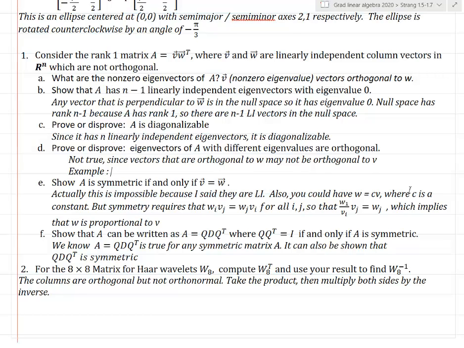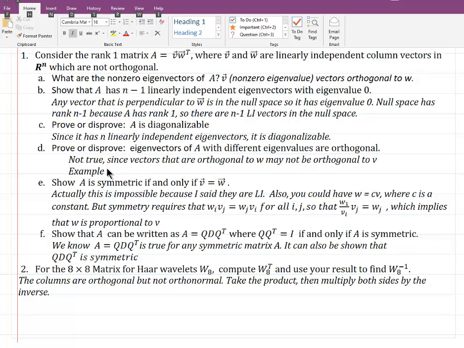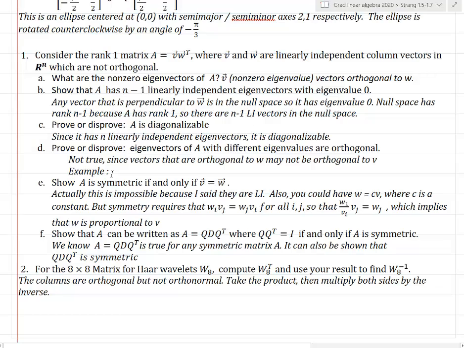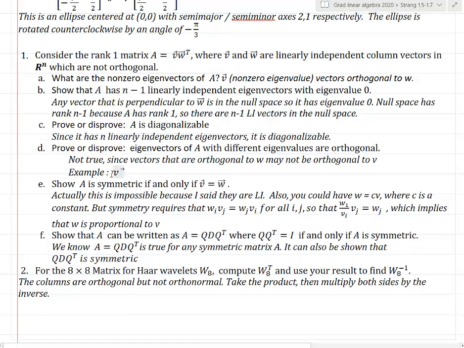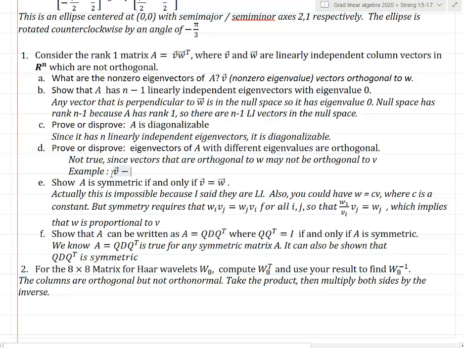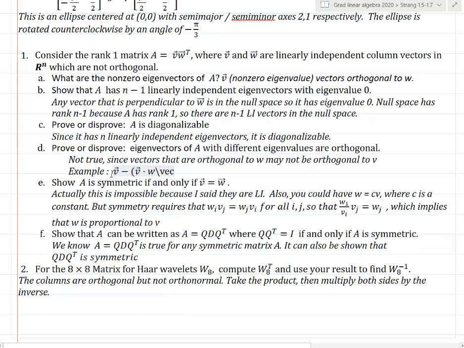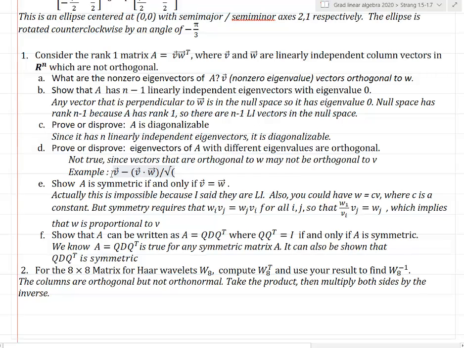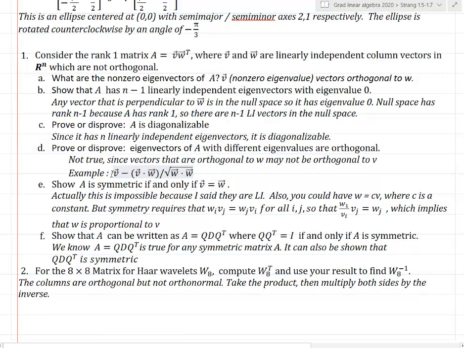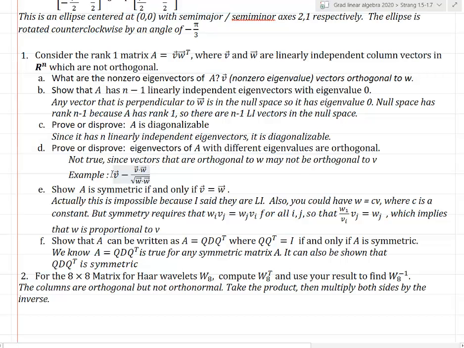You would take V, and then subtract the projection, so that would be V dot W, divided by the norm of W squared, which is W dot W. Then I multiply that whole thing by W.